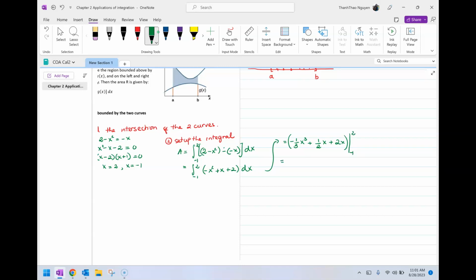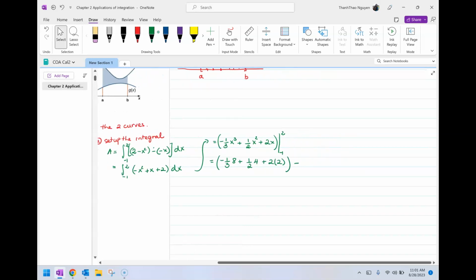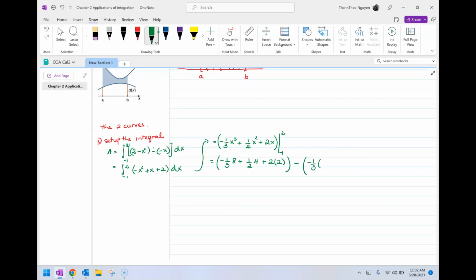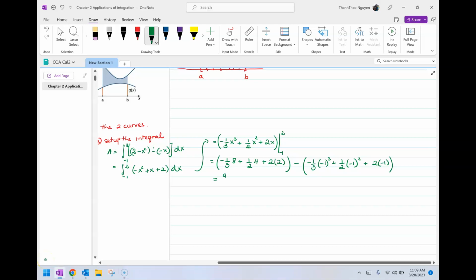Plug 2 into the polynomial. And we get, and that is 9/2.